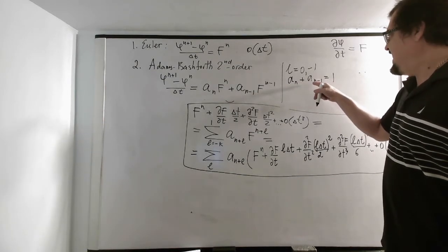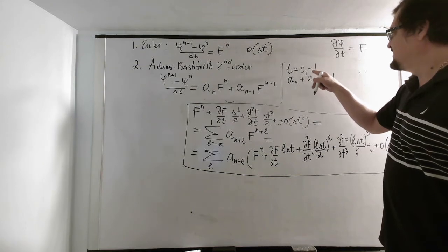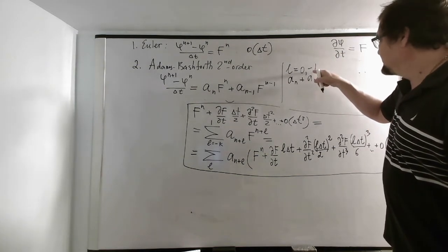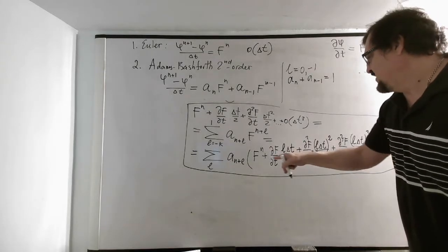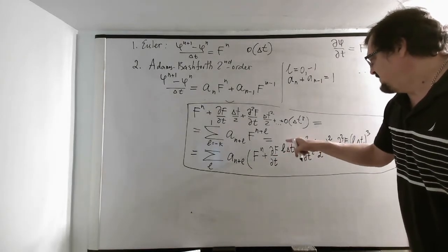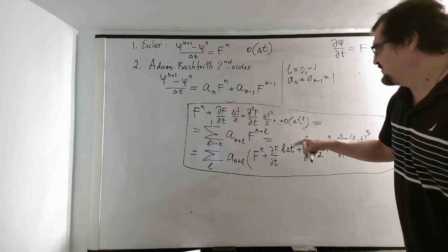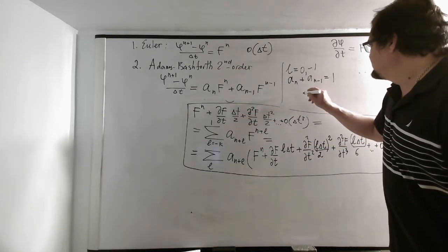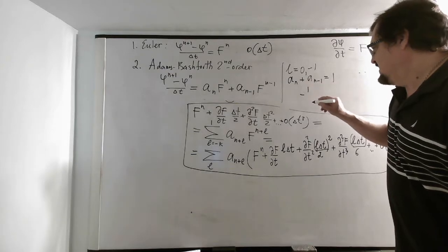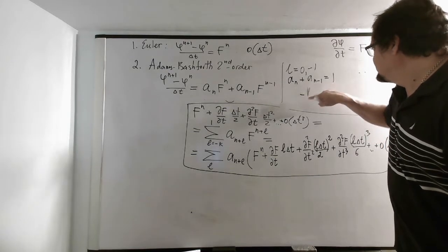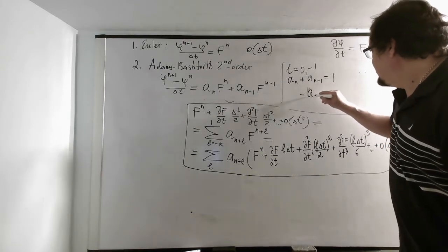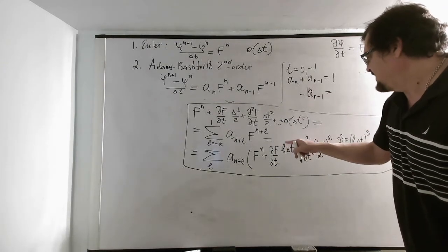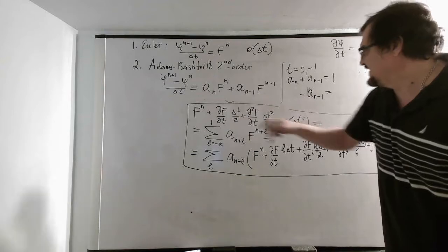Then you have a n minus 1, which means that L equals minus 1. So now you have what? L is minus 1, and forget about delta t, because delta t is here. So it becomes minus a n minus 1 equals to, so here's minus 1 equals to, and here 1/2.